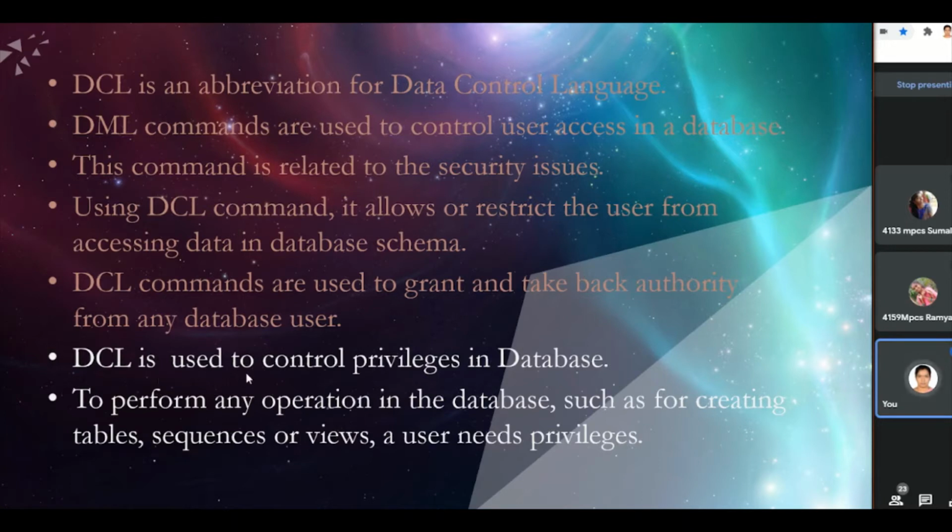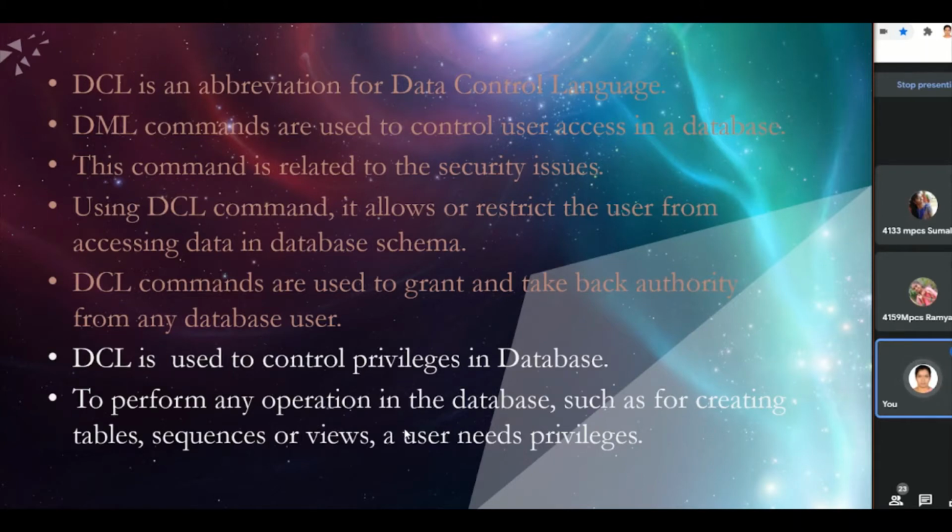Okay, and these are used to control privileges in the data. Granting the permissions, those permissions are called privileges. By giving the privileges to the database users, we can use grant, and take back those privileges, it means cancelling those privileges, with revoke.